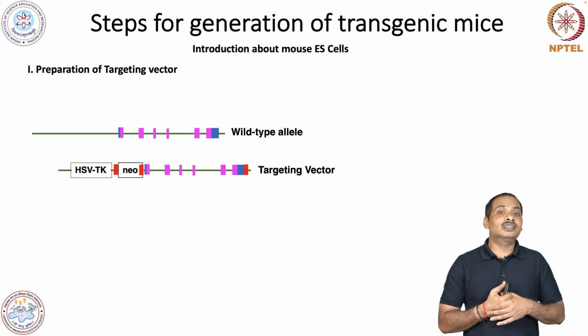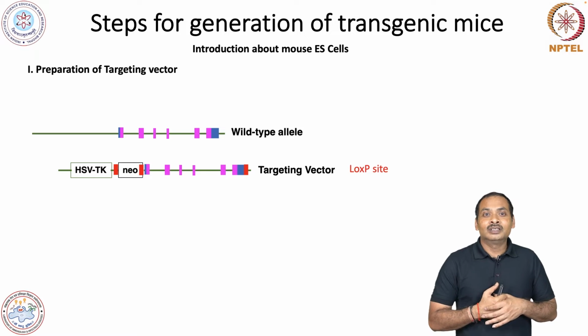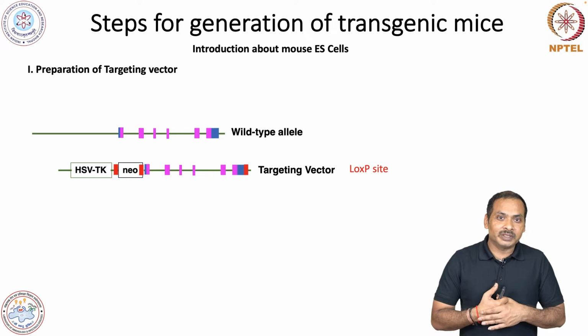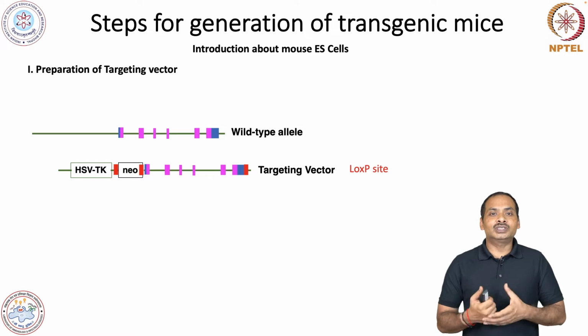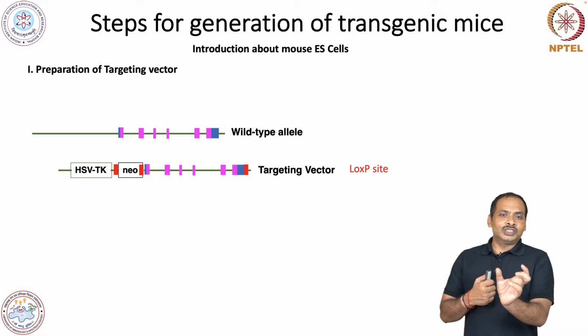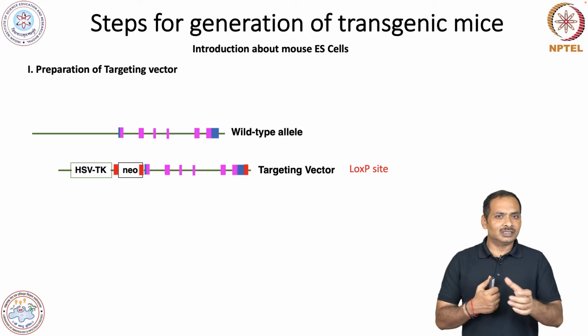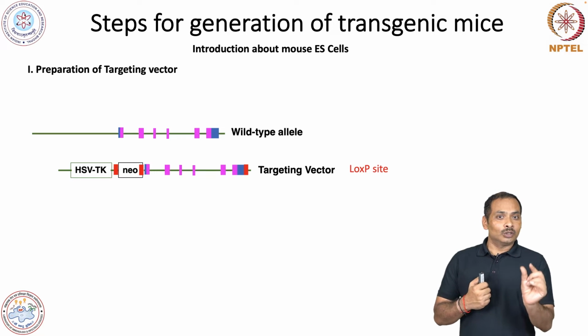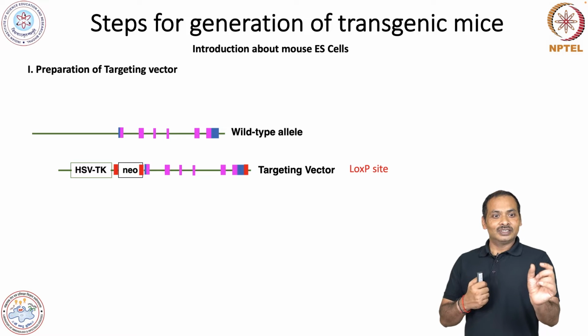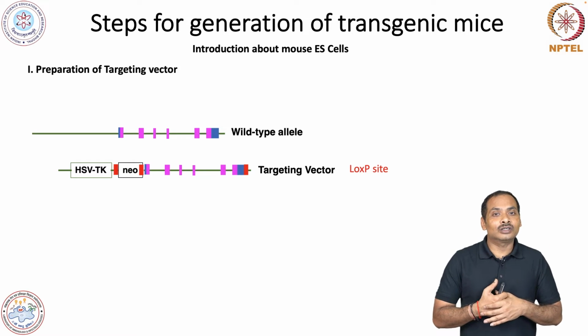These red color boxes are loxP sites. I will explain what a loxP site is, but before that you should understand this is a very short stretch of nucleic acid. If I remember, it is 34 base pairs. You need to incorporate these 34 base pairs in the genome. Then you can achieve the conditional knockout mice.